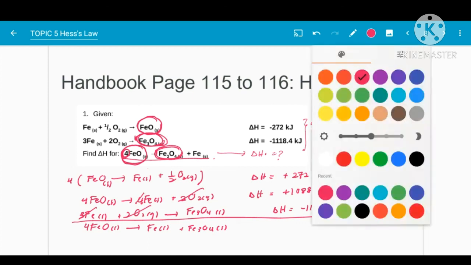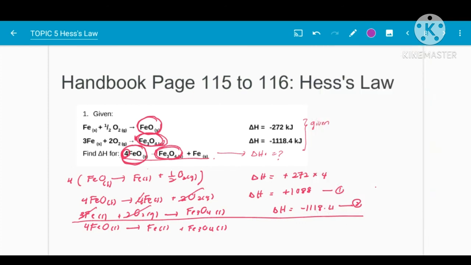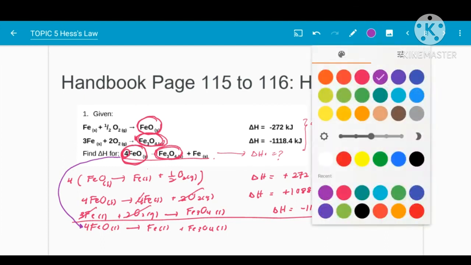We can refer to the equation reaction from the question. Make sure it is the same as our chemical equation.